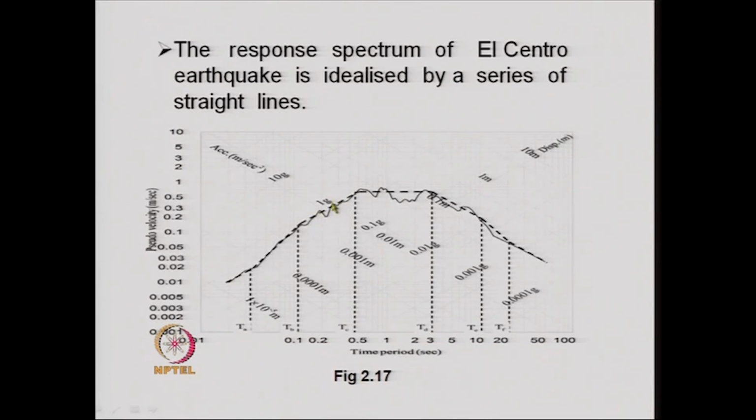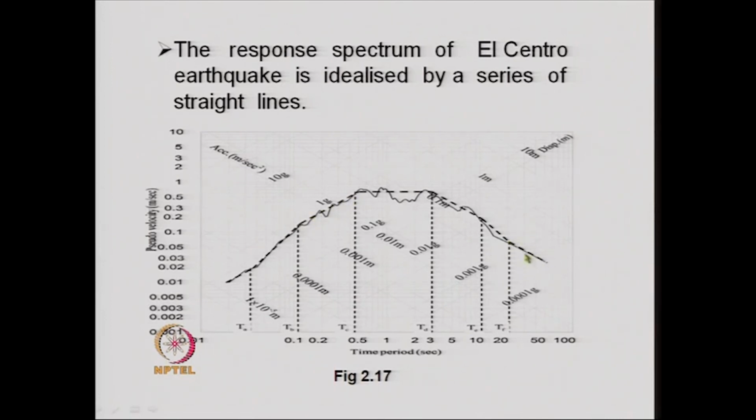This constant acceleration is related to the maximum ground acceleration, which is represented by this constant portion. This multiplied by some factor gives the constant acceleration over this inclined line.